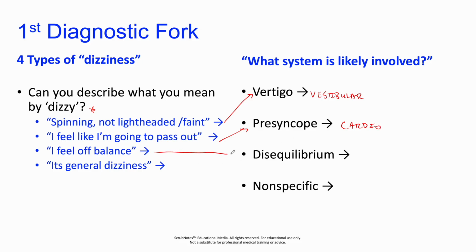If they say they feel off balance, that could be indicative of disequilibrium, which might be more neuro or MSK in origin. And lastly, if they say it's just general, non-specific, vague dizziness, then that maybe tells you there could be medication or anxiety or metabolic causes at play. So this question helps localize the system. If you skip it, then you can go down a completely wrong differential path.